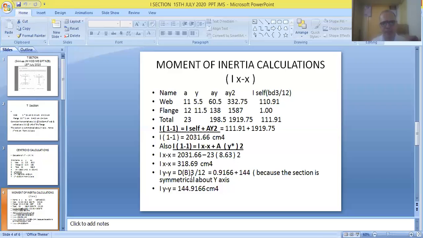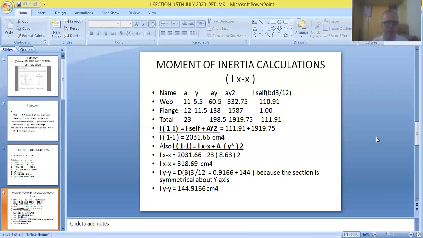So friends, this is the way of doing this problem. The same procedure can be adopted for solving all the problems on all the sections. Selection of one axis, selection of two axis, selection of b and d values correctly for all the components, and everything will be easy.